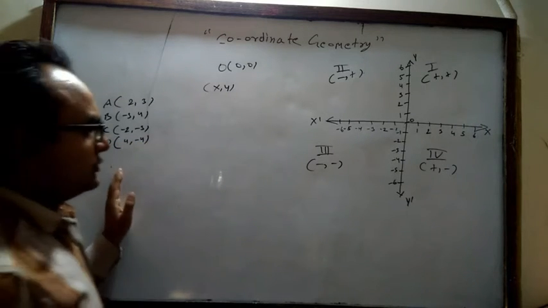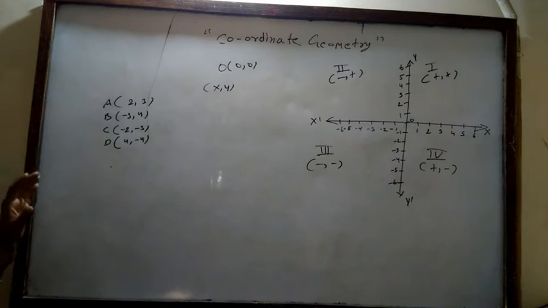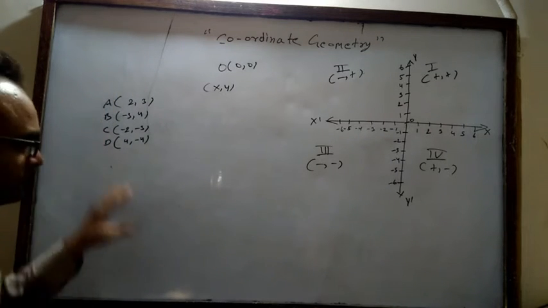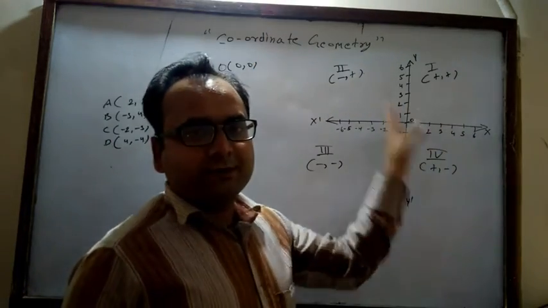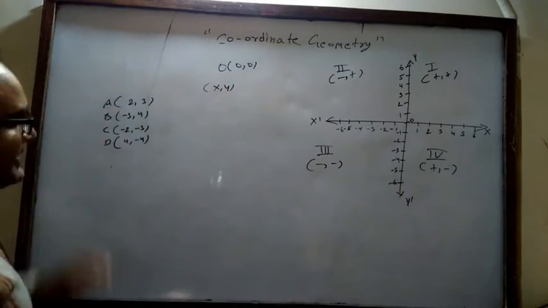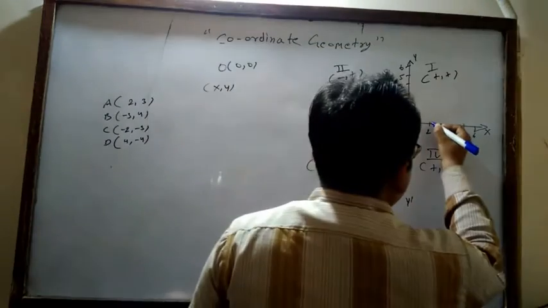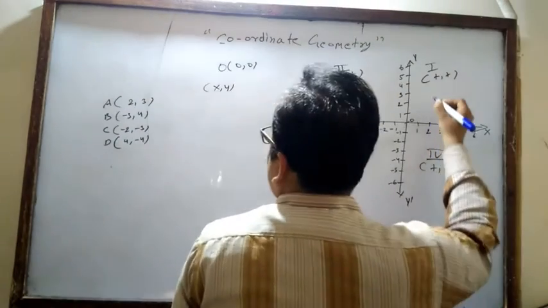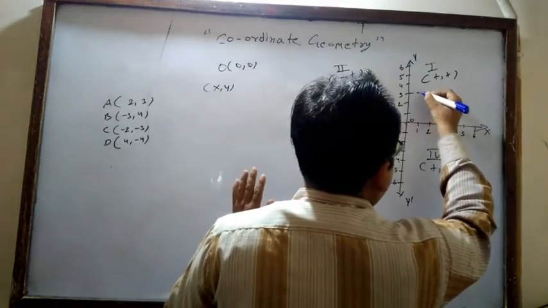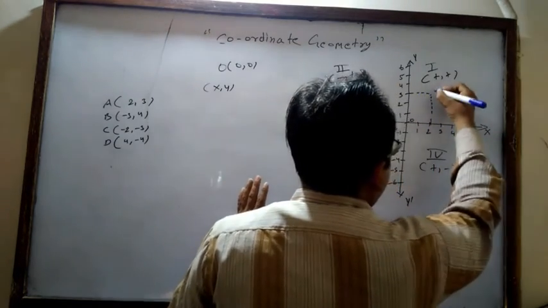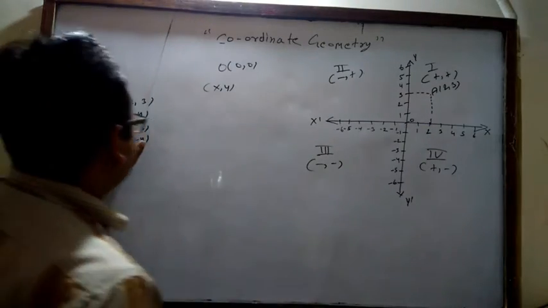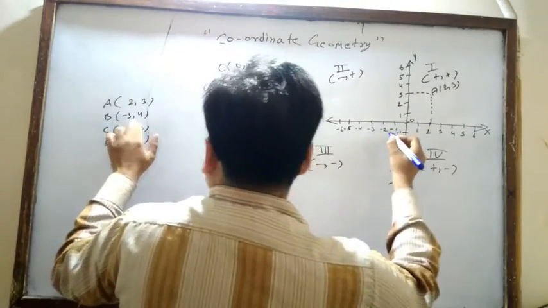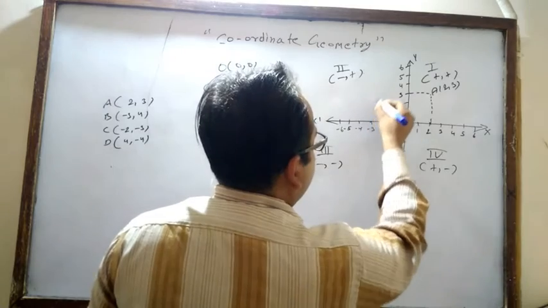We have to locate and draw these points in the coordinate graph. The first point a is 2 comma 3, so x is 2 and y is 3. The second point b is minus 3 comma 4, so x is minus 3 and y is 4.